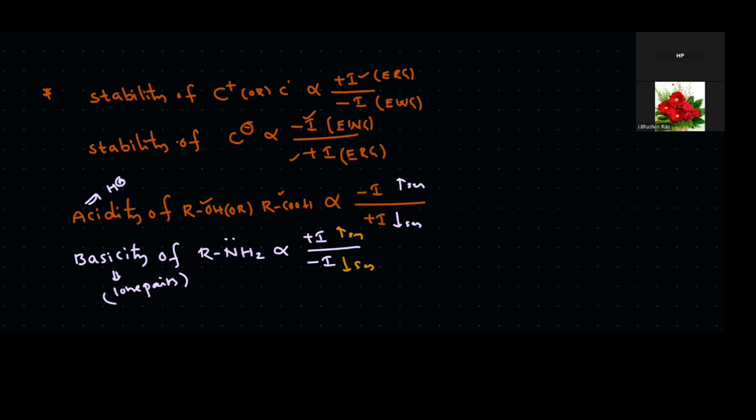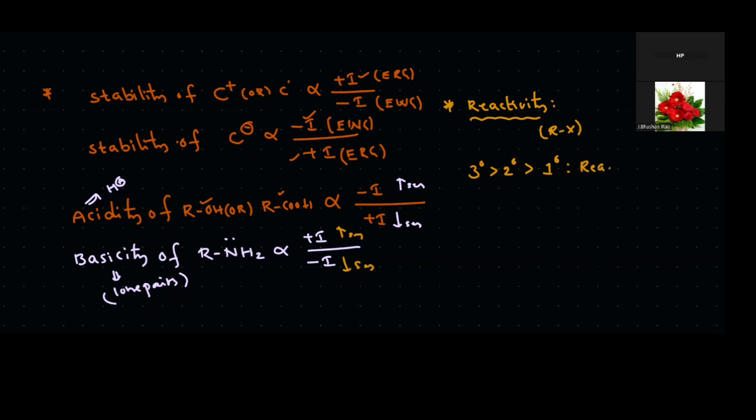The next one is alkyl halide reactivity. Generally, tertiary is more reactive than secondary, and secondary is more reactive than primary. So tertiary, secondary, primary is the reactivity order.